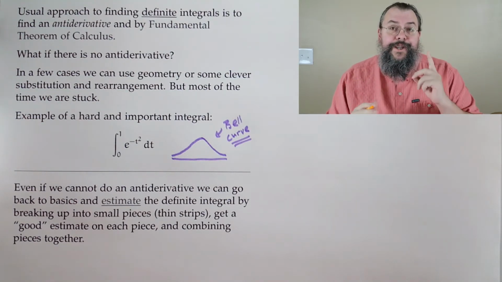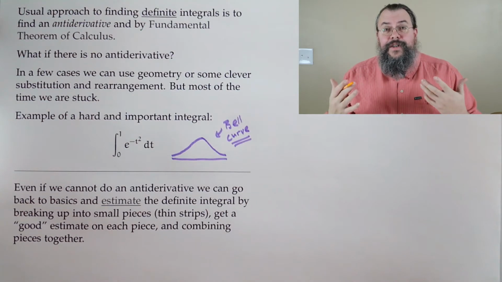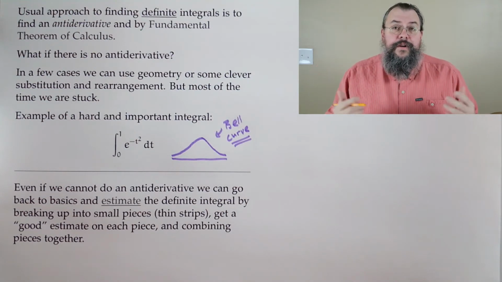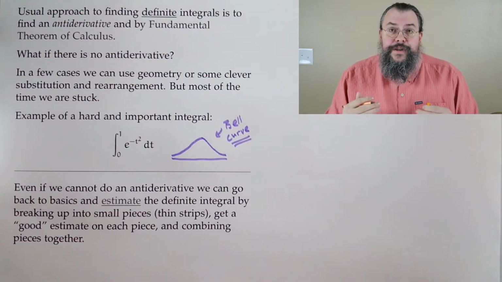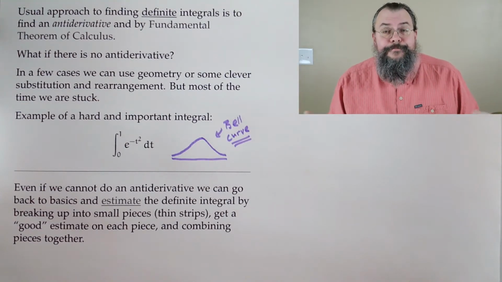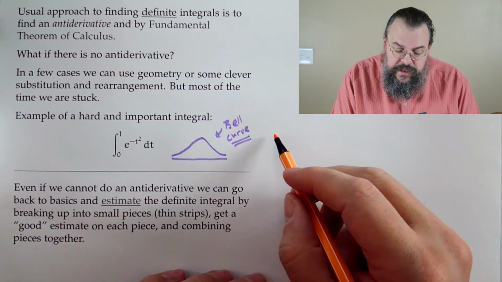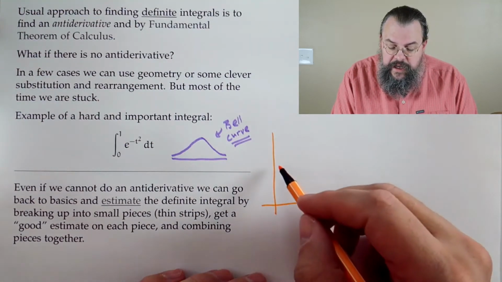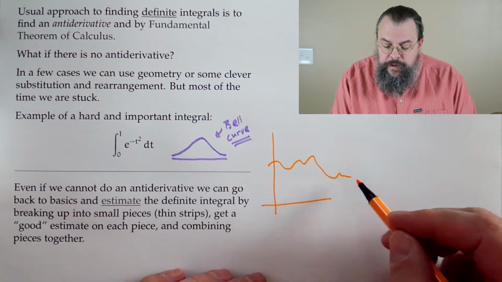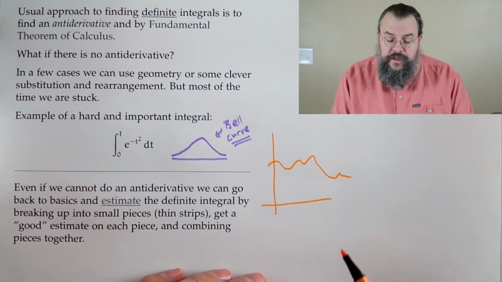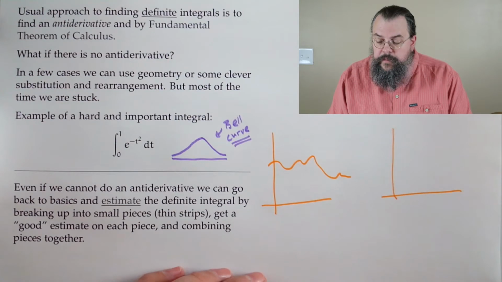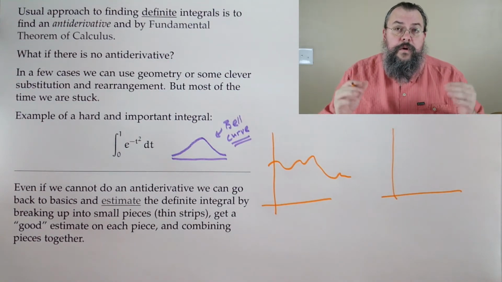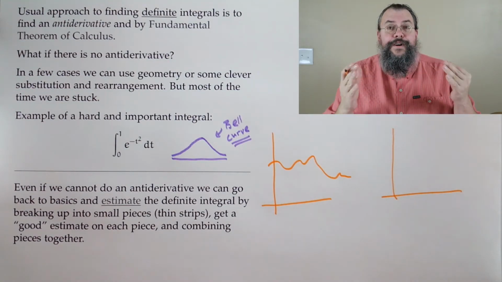So that's one thing that can happen: we have a function whose antiderivative we don't know. But in fact, there can be a more fundamental problem, which is we may not know the function. Some curve may exist, but we're not given a formula for this function. Or oftentimes, and this is something you see out in the world, we don't even have the curve.